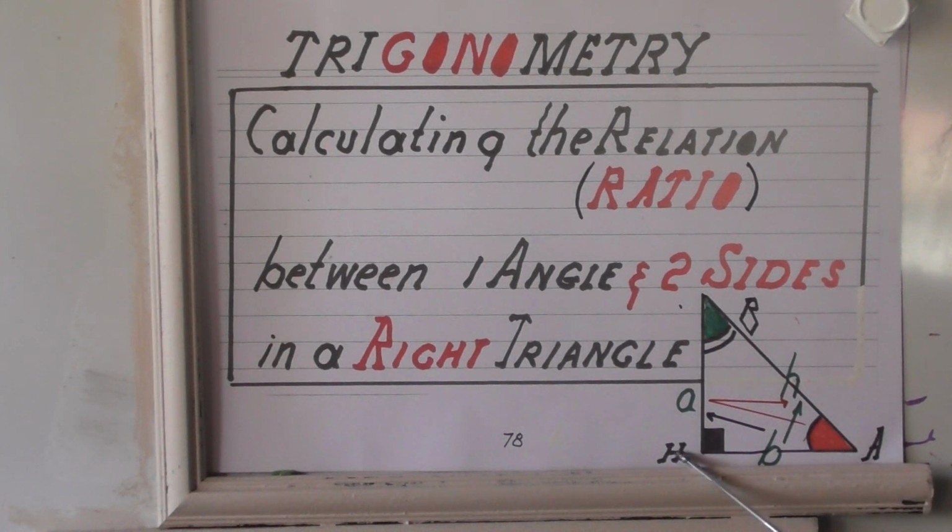So I call this H now, and that is B, and that is A. So if you have a blank picture, you put in these names. Opposite angle A is side A, and that cannot be difficult. Opposite capital B is little b, and opposite capital H is little h.